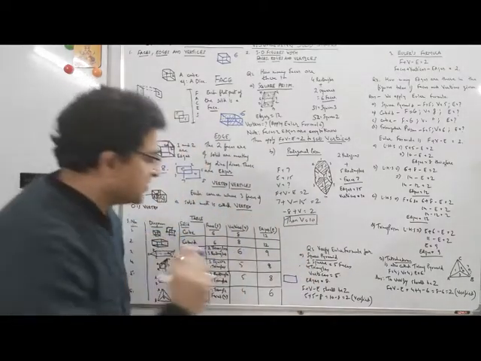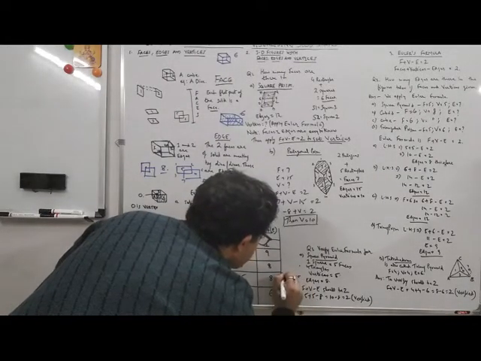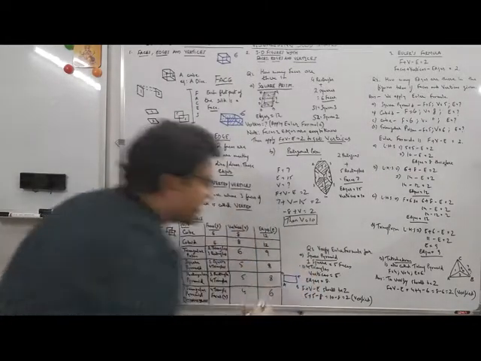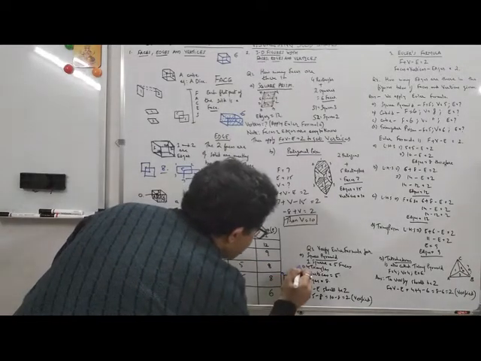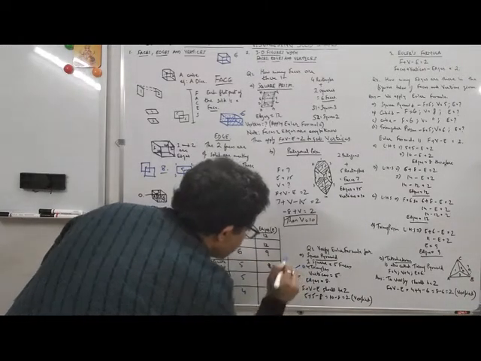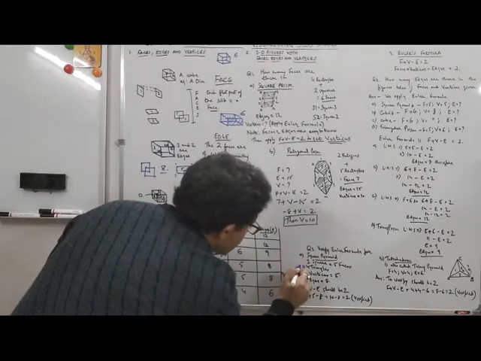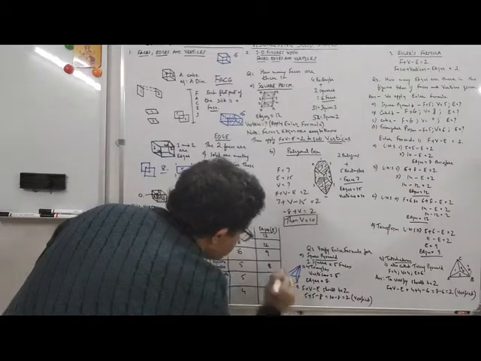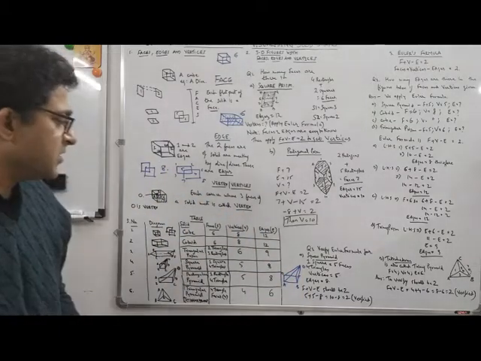I label the points A, B, C, D, and O. I'm giving you a trick to make a rectangular pyramid: simply connect all the points with O. This is OD, this is OC, this is OB, and this is OA. Correct? This is a rectangular pyramid.